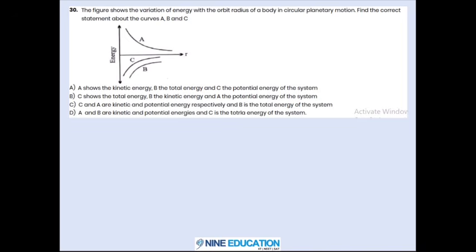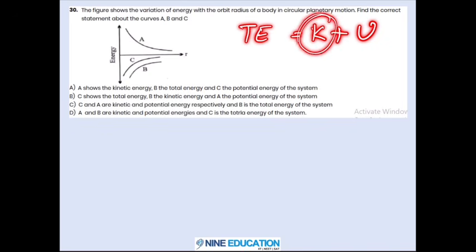So look here, the variation of energy with orbit radius of a body in circular planetary motion. Find the correct statement about A, B, C. First of all, do you remember the total energy is equal to kinetic energy plus potential energy.